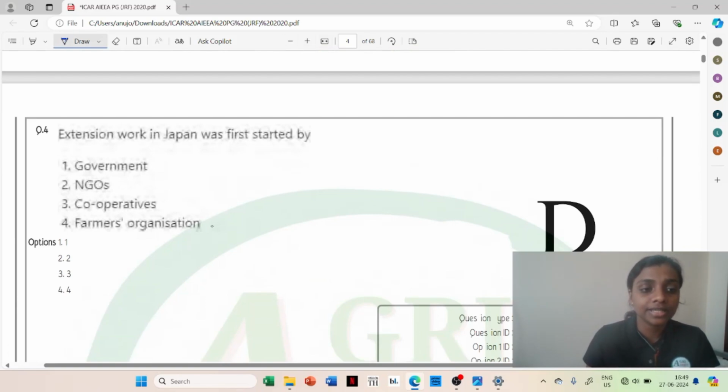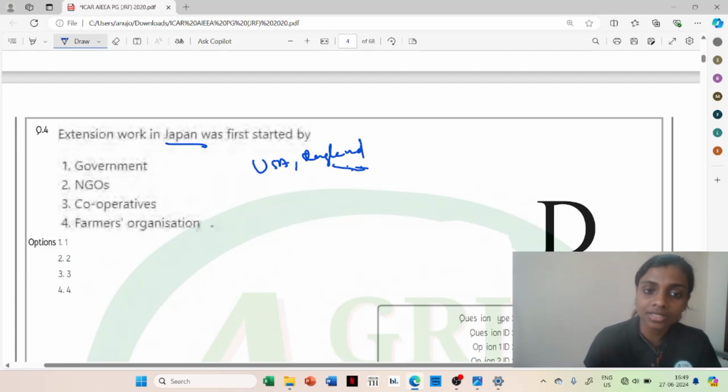Okay. So the next question, extension work in Japan was first started by. The development of extension and the extension work institutions and organizations involved in different countries is a portion given in our syllabus itself. So regarding USA, England, Japan, all these countries, questions used to be asked.